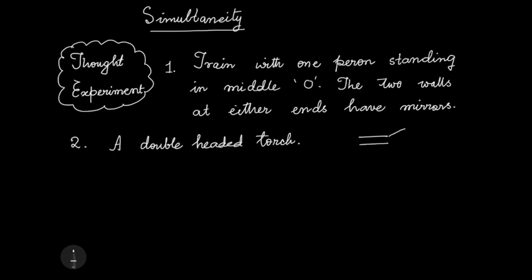I have a torchlight. Usually the torchlight looks like this, right? The light comes out this way, but now it's a double-headed torchlight, so the light can come out either way. If I push a button here, light comes out either way.